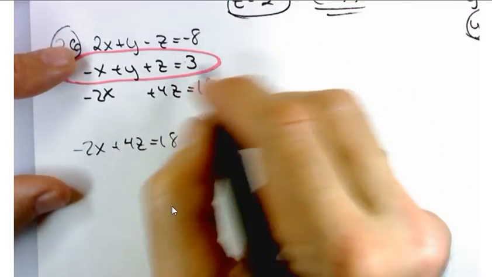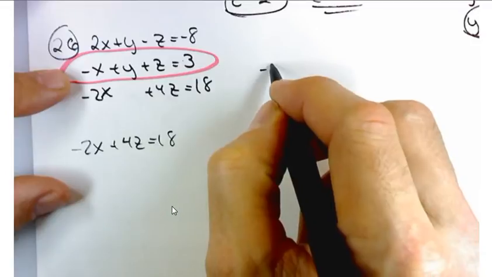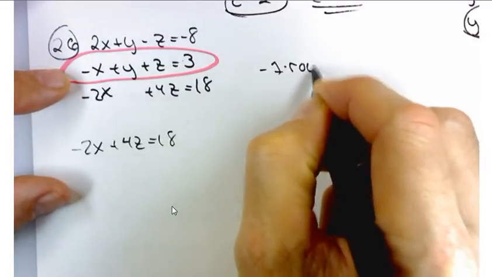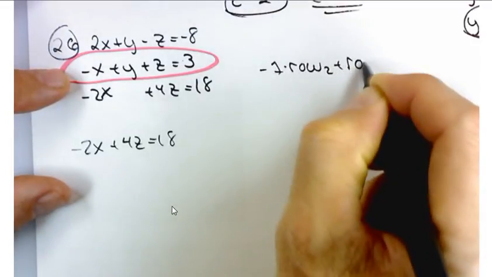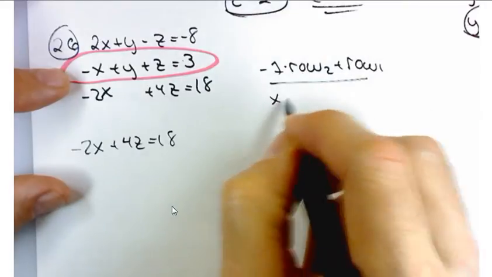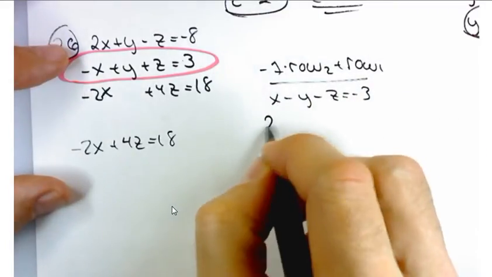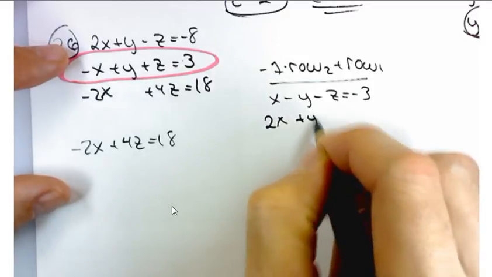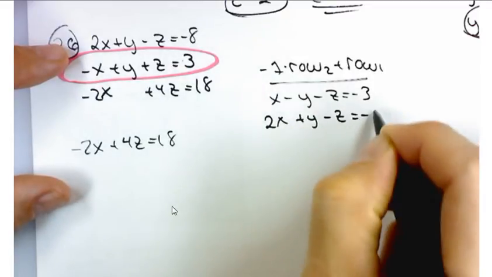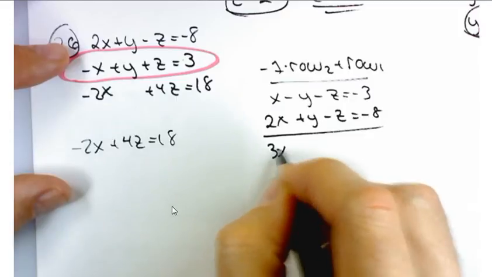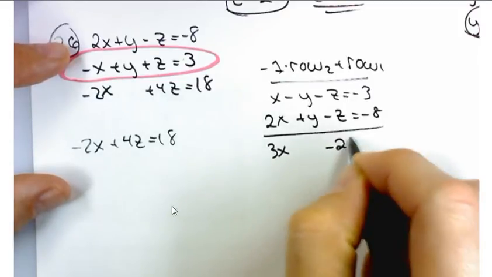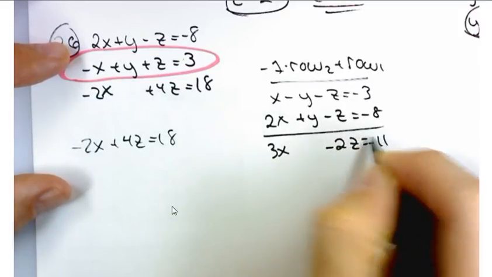So if I multiply negative 1 times row 2 and add it to row 1, I get x minus y minus z equals negative 3, added to 2x plus y minus z equals negative 8. That gives me a total of 3x minus 2z equals negative 11.